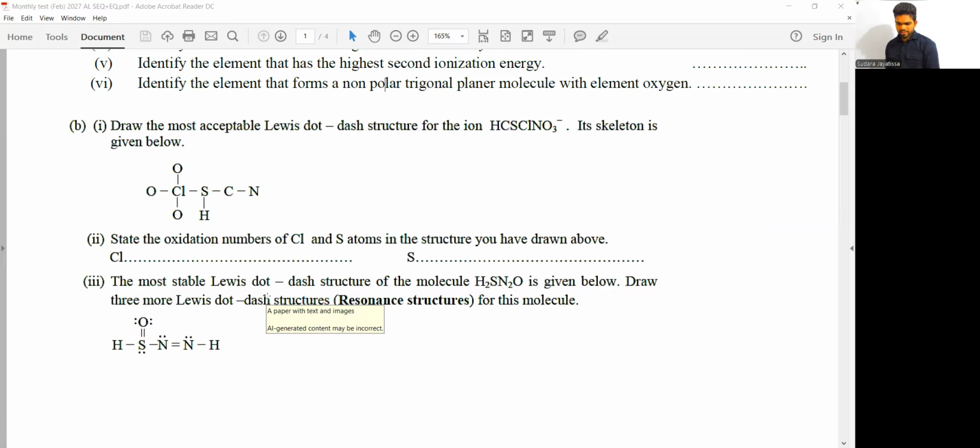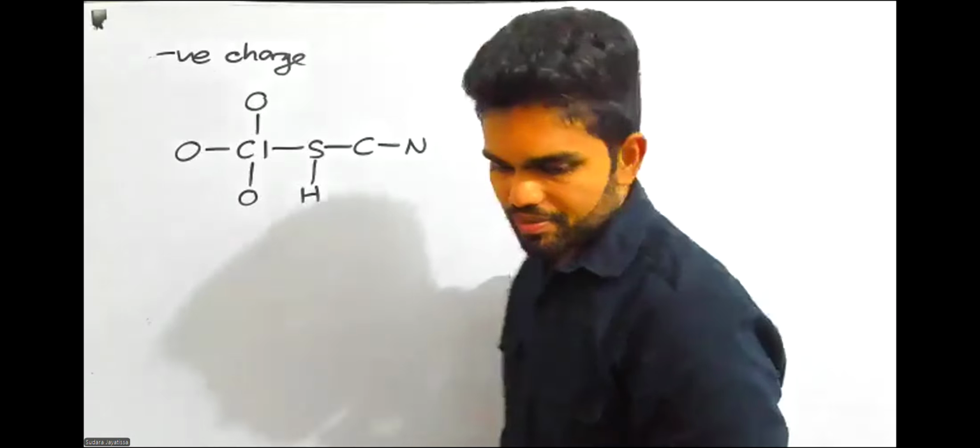What you have to notice is there is a negative charge for this ion. They have given you the atomic skeleton. There are 3 oxygen atoms around the chlorine, and chlorine is bonded to a sulfur, and there you have hydrogen bonded to sulfur, and you have carbon and nitrogen atoms. So think, you have to leave only one negative charge in this whole ion.